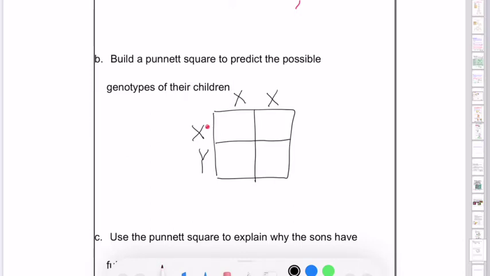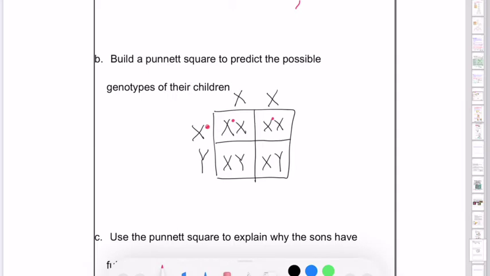There's lots of ways you can signify colorblind. You might want to write a letter there. I'm just showing you it in color, I guess. So one of these would have to have a dot.